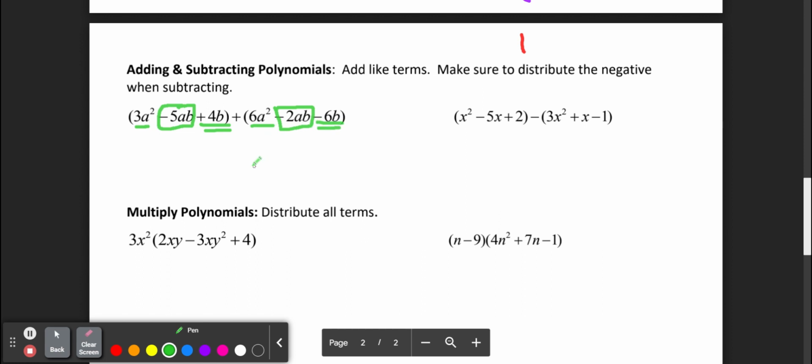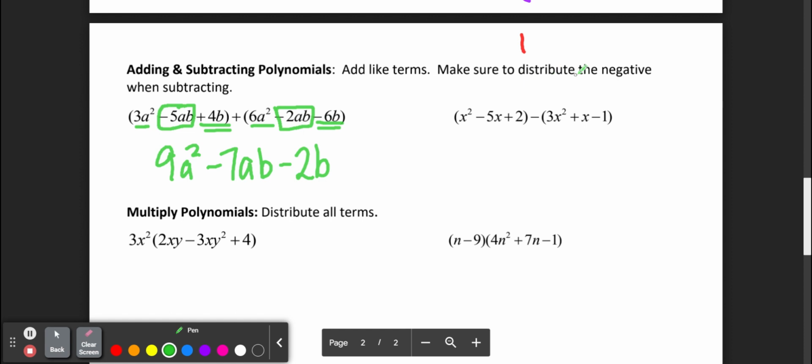So if we're just adding, that means our exponents are going to stay the same. We're going to add our whole numbers. So like 3 plus 6 is 9. A -5 and a -2 make a -7ab. And then 4b minus 6b is -2b. And there's your answer. You can't do anything else.